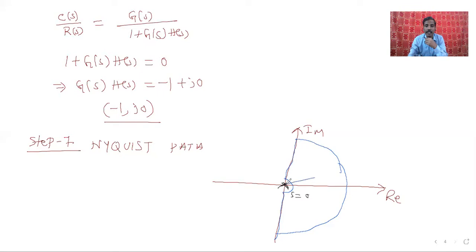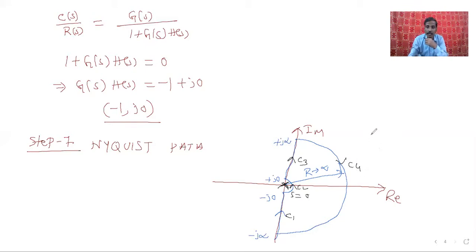The radius R tends to infinity, and this is minus j infinity, this is minus j0, this is plus j0, and this is plus j infinity. This path is C1, this path is C2, this is C3, and this is C4.